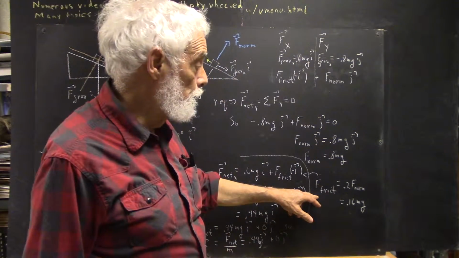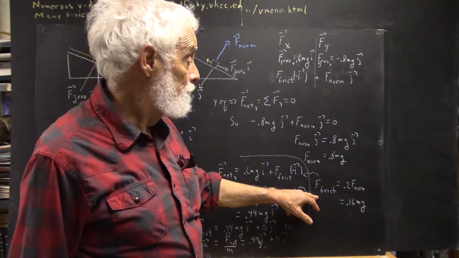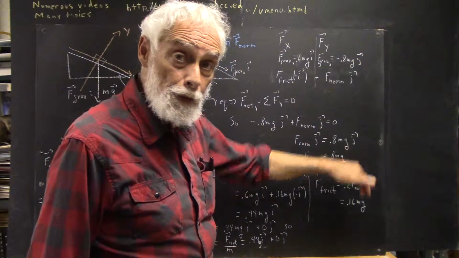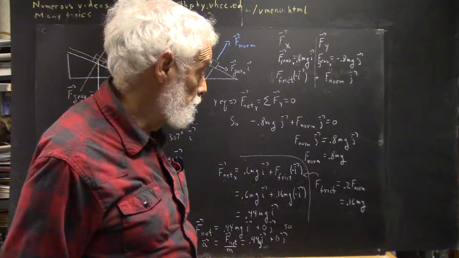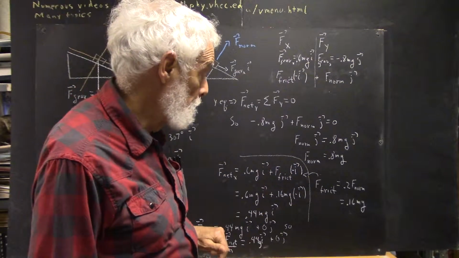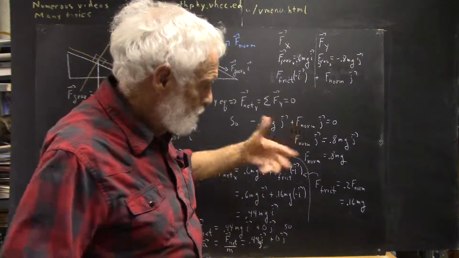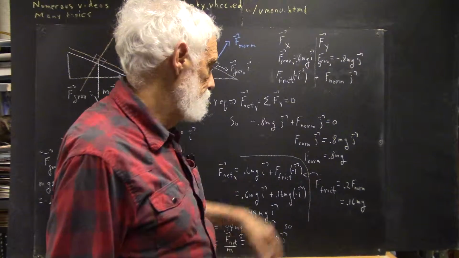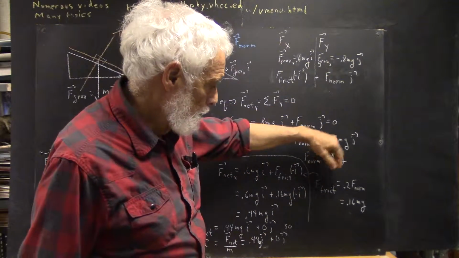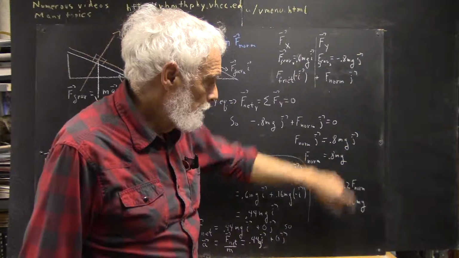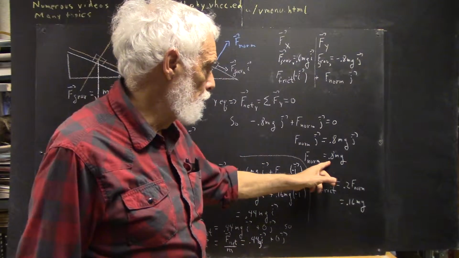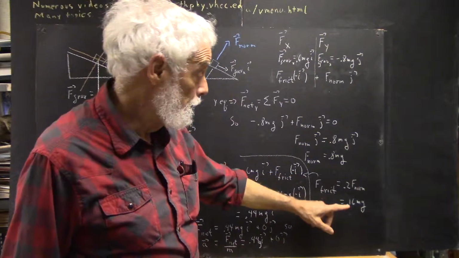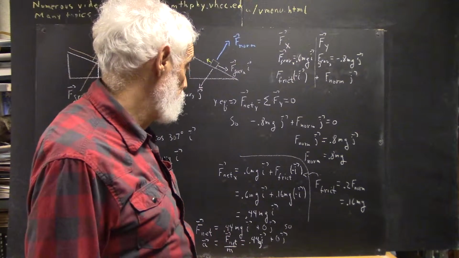The frictional force is always some coefficient multiplied by the normal force between the two surfaces that puts the two surfaces together. So 0.2 times the normal force being 0.8 mg gives you 0.16 mg.